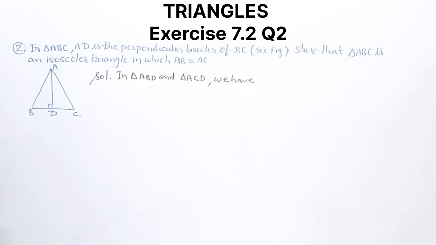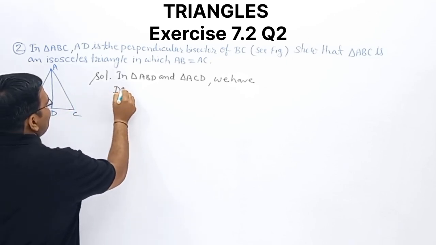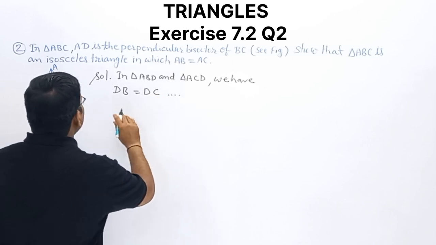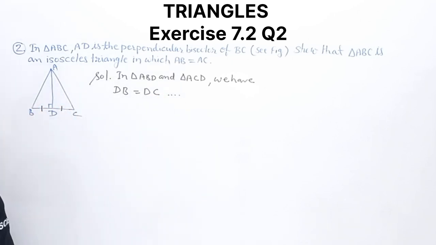First, AD is perpendicular to BC and this AD is a bisector. D bisects BC. It means DB equals DC. Why? For these two triangles, this side will be equal to this side.